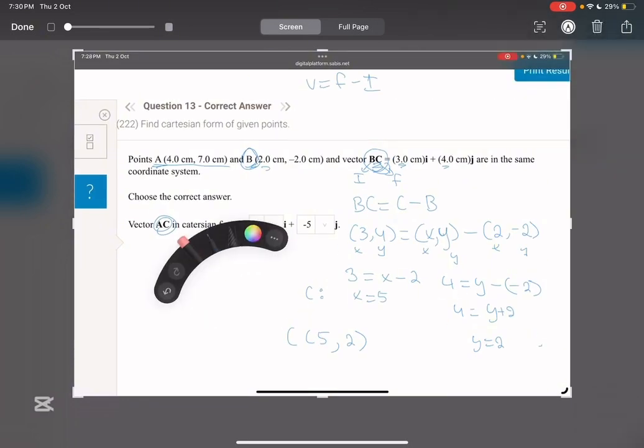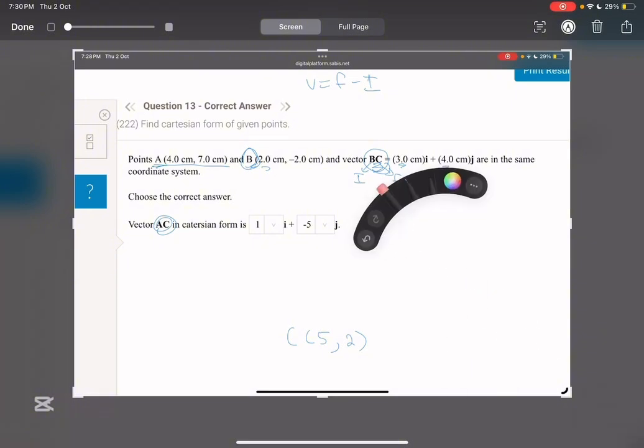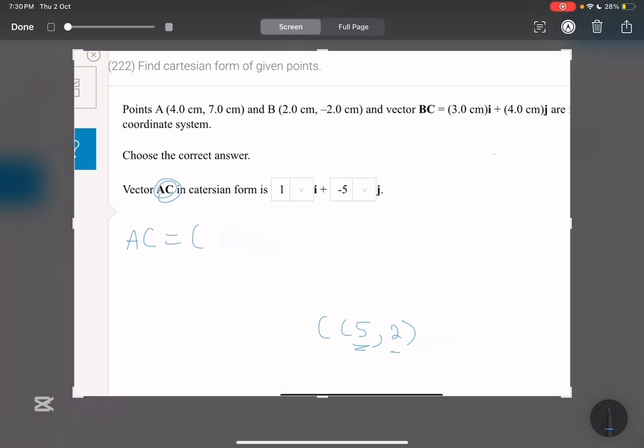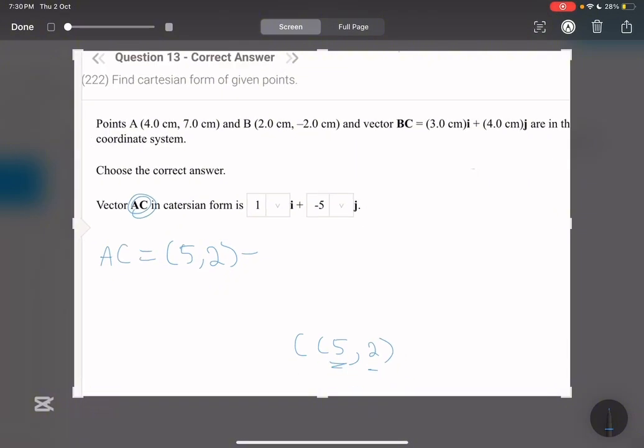Okay, so now that we got C, we can find AC. AC, which is the vector, is equal to A is the initial because it's from A to C. C is the final, so it's going to be C, which is 5 and 2, minus the initial, remember final minus initial, which are the points for A, which they gave us, 4 and 7.